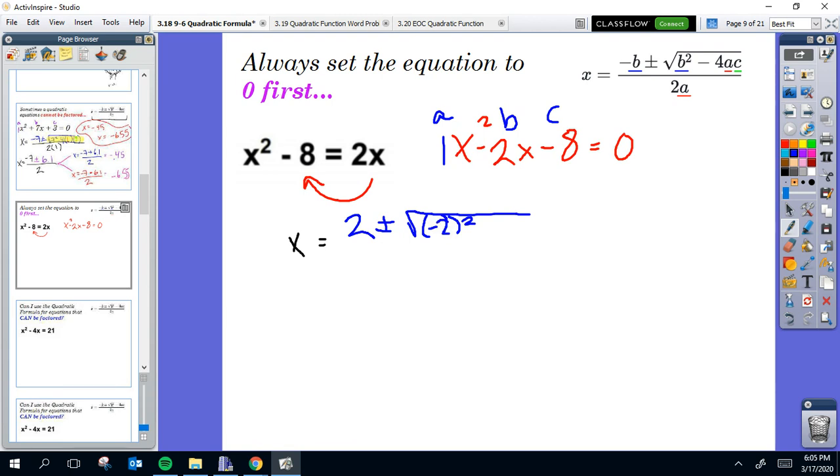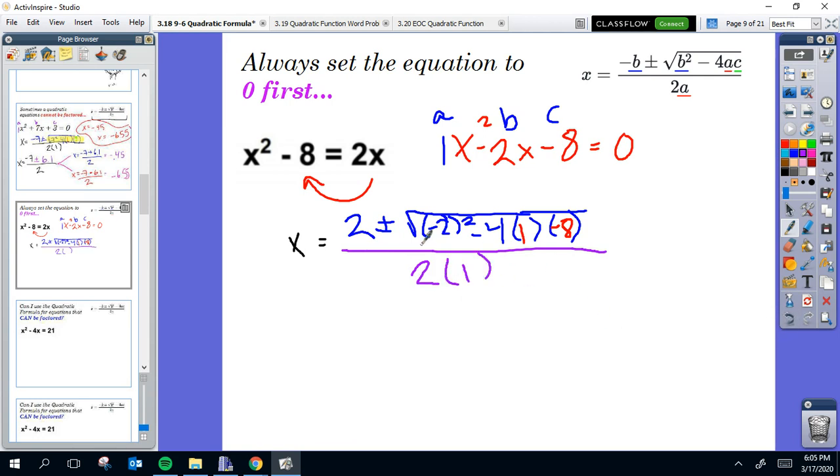All right, negative 2 squared minus 4 times a times c. Our a value is 1, and our c value is negative 8. In my denominator, I have over 2 times a, and our a value is 1.